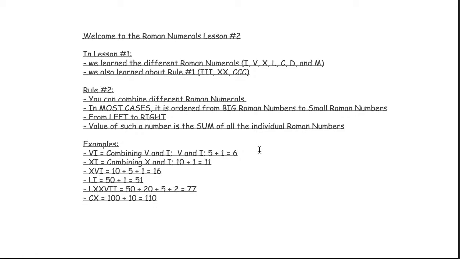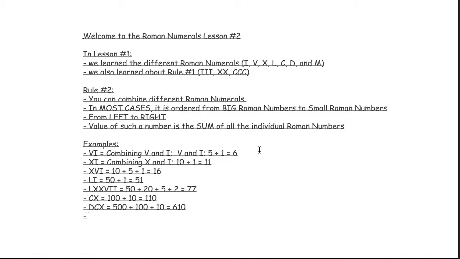Now let's introduce D. D is 500, C is 100, and X is 10, and again is ordered left to right, big to small. D is big, C is smaller than 500, and X is smaller than 100. The value for that is 500 plus 100 plus 10, and that value is equal to 610.